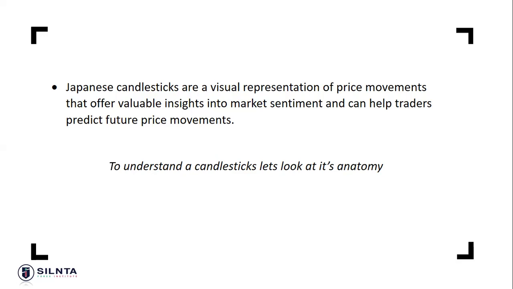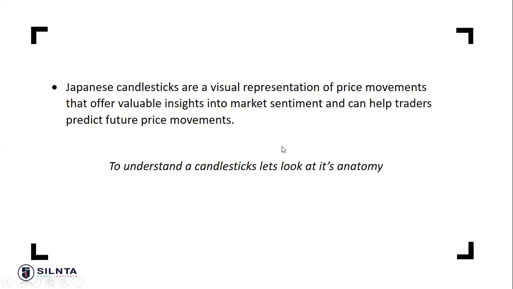That is known as market sentiment. Japanese candlesticks give information of this nature. They can tell you how buyers are entering and leaving the market, how sellers are moving the market, and can help traders predict future price movements.